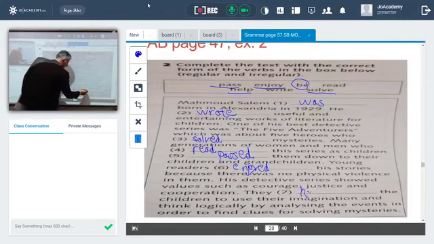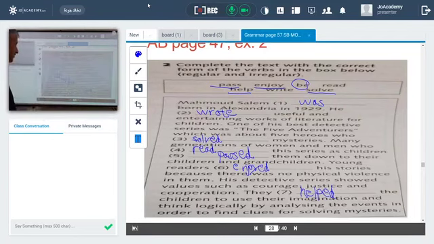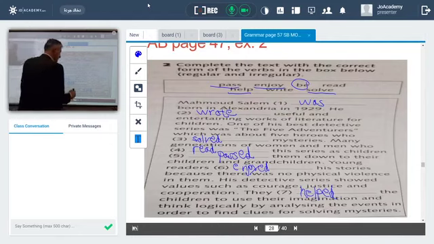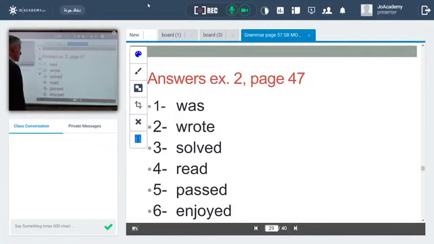Also this is a regular verb. Okay. They help the children to use their imagination, okay, and think logically by analyzing the events in order to find clues for solving mysteries. Here are the answers, as you can see.